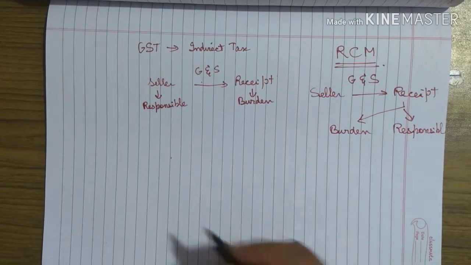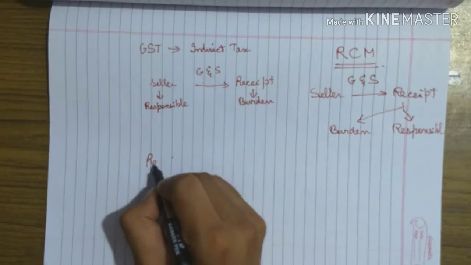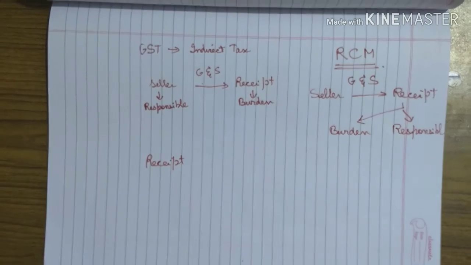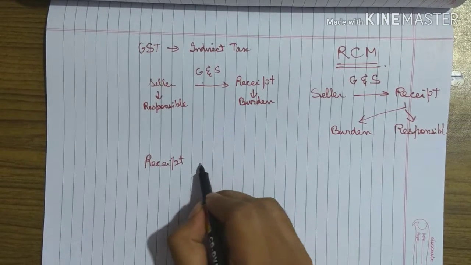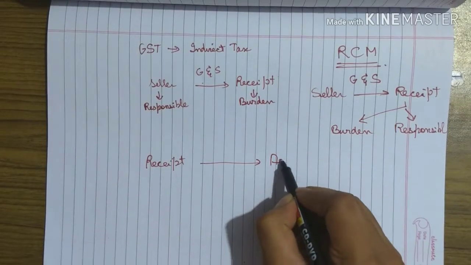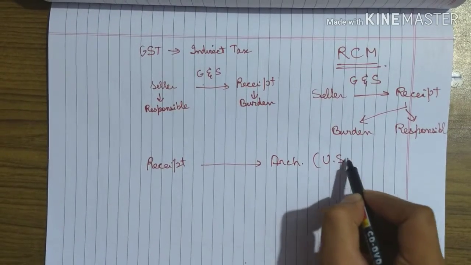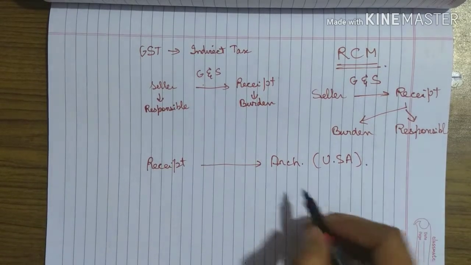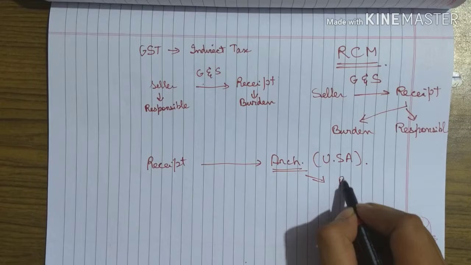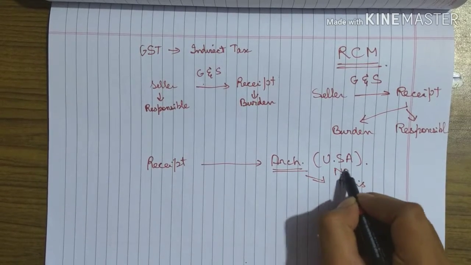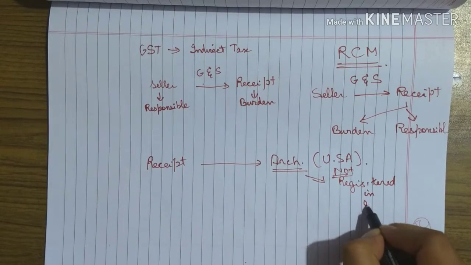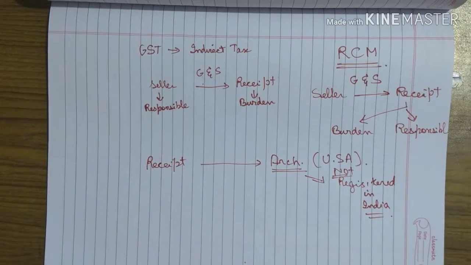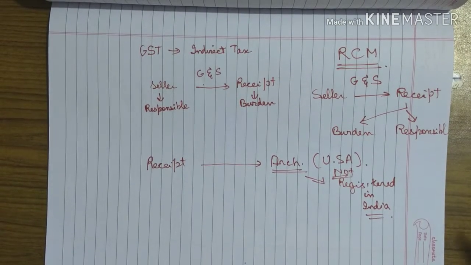Let me give a simple example. Just imagine that you are the recipient and you need to build a beautiful house. You think that no one in India is good enough to build a beautiful and eye-catchy house. So you hire an architect from, say, the United States of America. This architect is not registered in India.